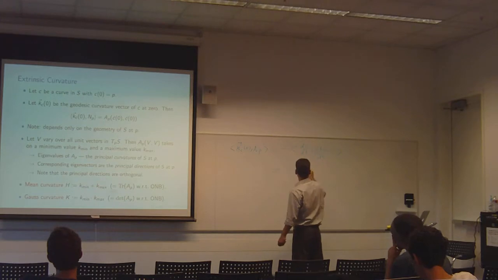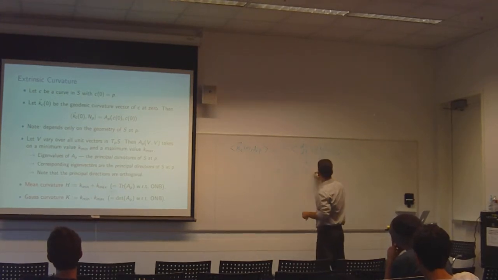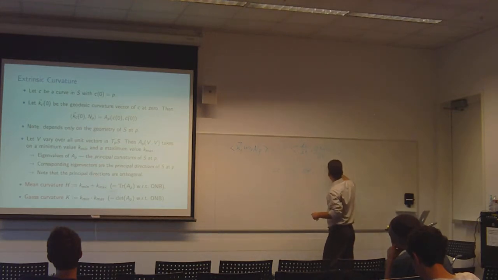This is minus x, because c dot was x, as I said over there. Well, never mind x. Let me just put c dot down. c dot at 0, and this is the derivative of the Gauss map acting on c dot.